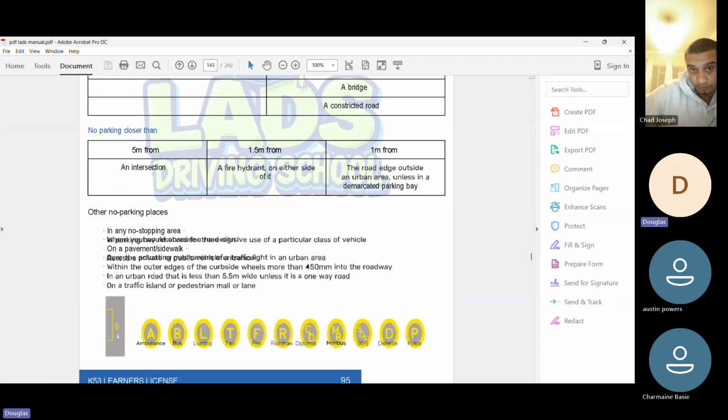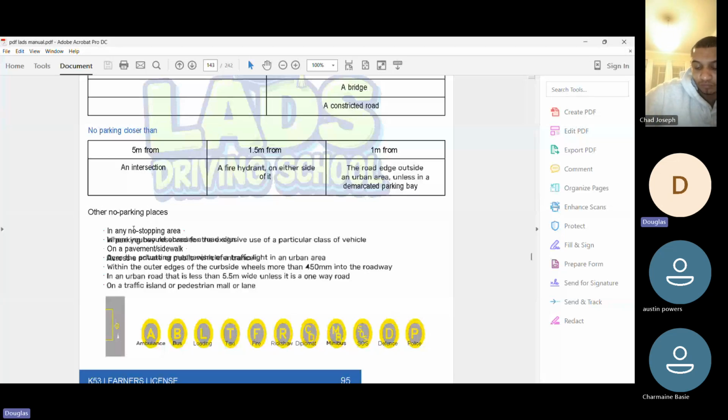Other no parking areas. You are not allowed to park or stop in any no stopping area. If there is an S with a cross on it, that's a no stopping area. You cannot stop there.